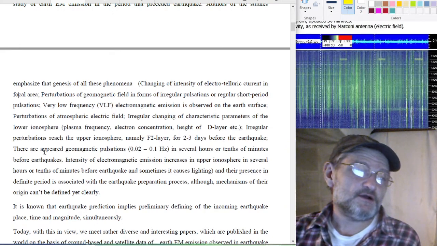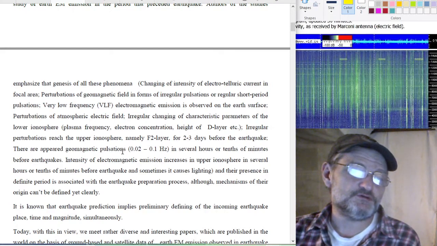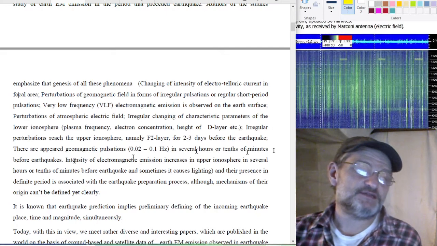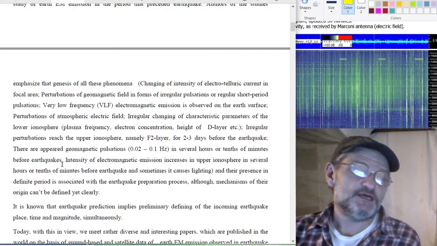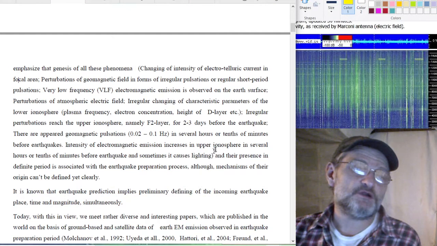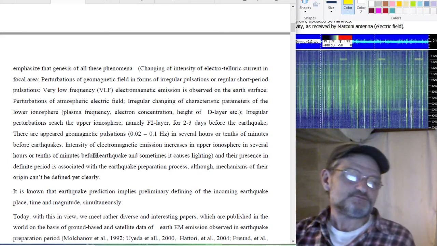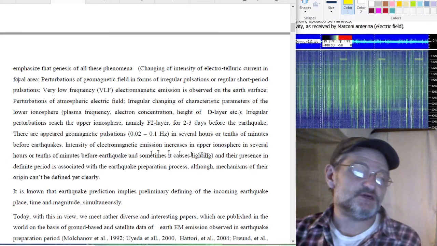Geomagnetic pulsations of 0.022 to 0.1 hertz appear several hours or tenths of minutes before earthquakes. Intensity of electromagnetic emission increases in the upper ionosphere several hours or tenths of minutes before an earthquake, and sometimes it causes lightning.